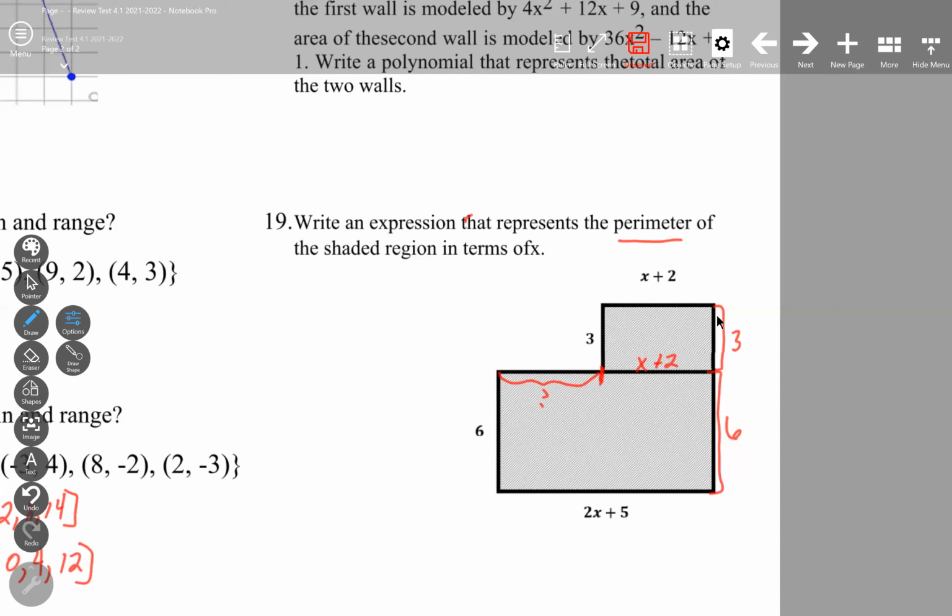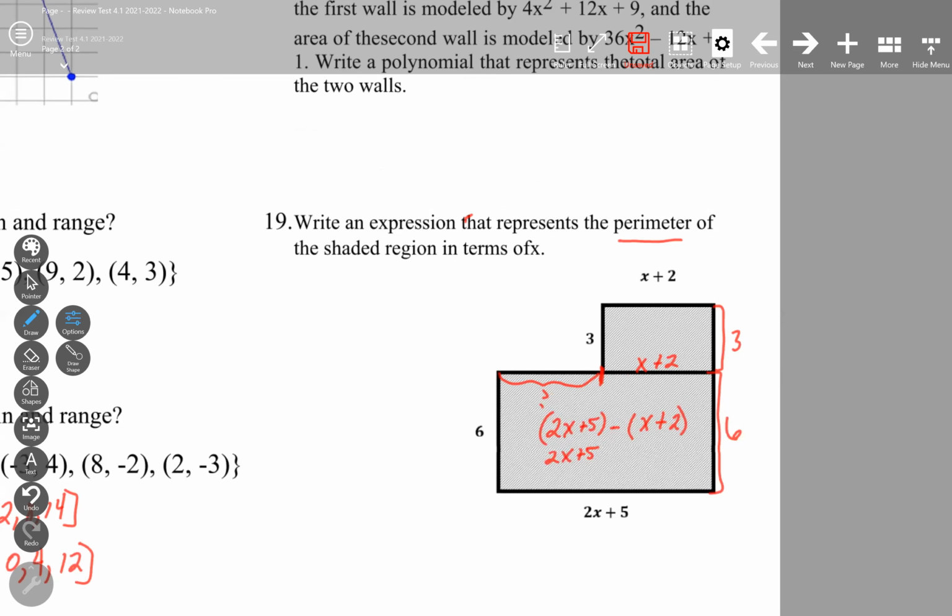So basically, we got to do 2x plus 5. And then we want to subtract. Now, what do we want to subtract? x plus 2. So since we want to subtract that whole thing, we got to put it in parentheses. And then now we will subtract here. So we would have 2x plus 5.